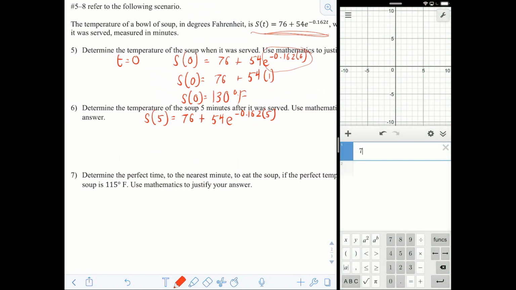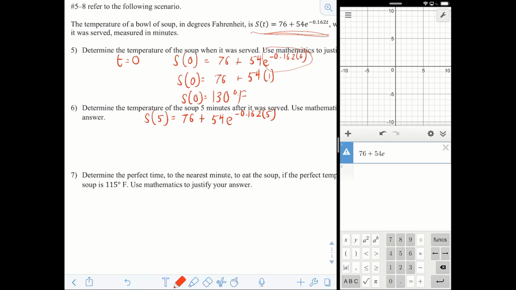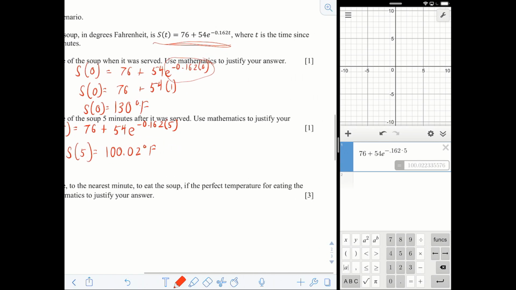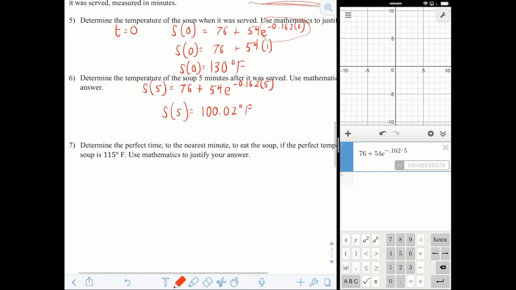So I'm going to write 76 plus 54 e to the negative 0.162 times 5. And so that should give me S of 5 is roughly 100.02 degrees Fahrenheit. They don't say anything about rounding, so I'm just going to round to 2 decimal places.